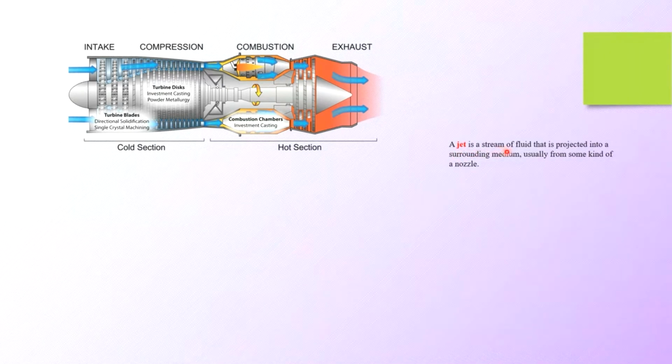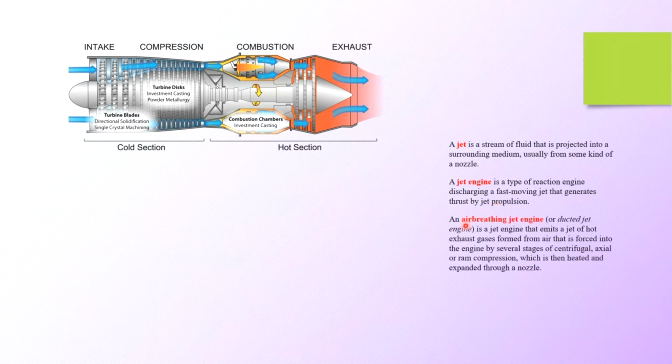A jet is a stream of fluid that is projected into the surrounding medium, usually from some kind of nozzle. By now, you should know what a nozzle is, which you have done in your fluid mechanics. A jet engine is a type of reaction engine discharging a fast-moving jet that generates thrust by jet propulsion.